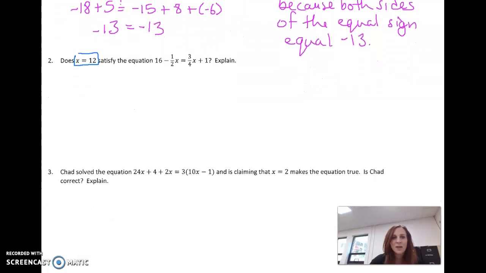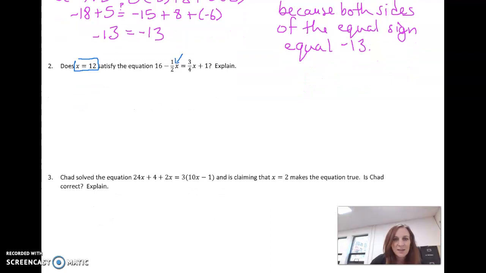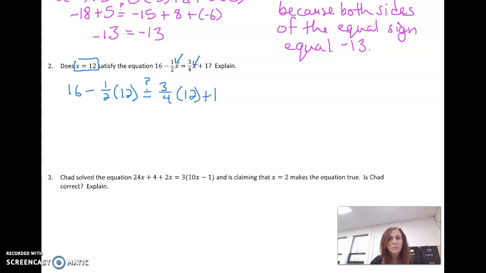So again, every time we see an x, we're going to drop in 12. So I'm going to say 16 minus 1/2 times 12. Does that equal 3/4 times 12 plus 1? Now, if you want to change this into decimals, that's fine. If you want a quick reminder on fractions, you can write it like this.